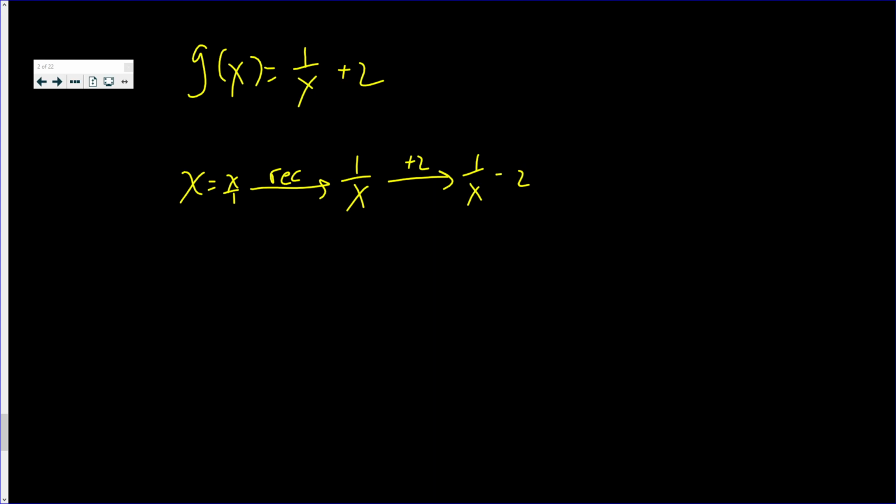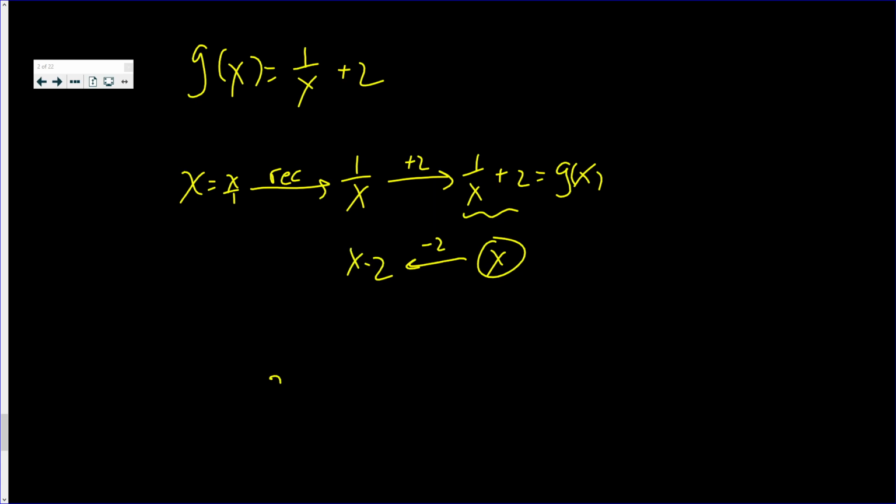And now we're going to undo what g just did. So call this, the number in your calculator, x. And to undo adding 2, you take away 2. So you have that, take away 2.